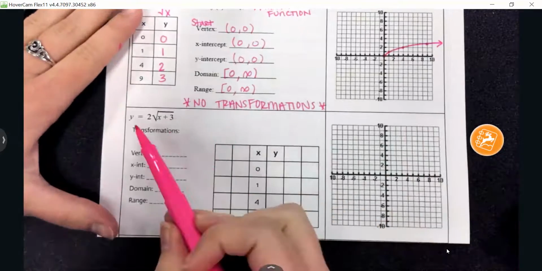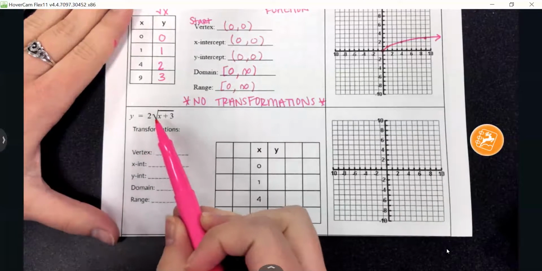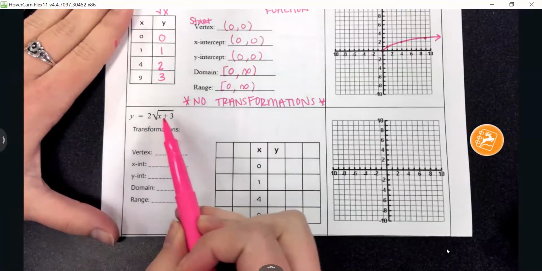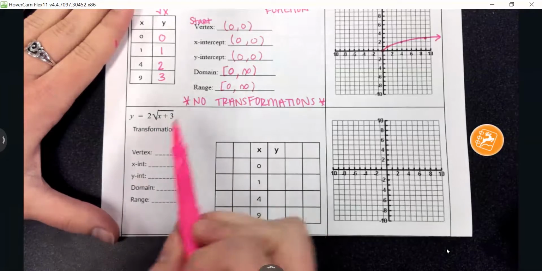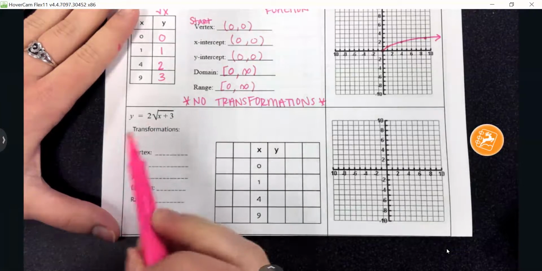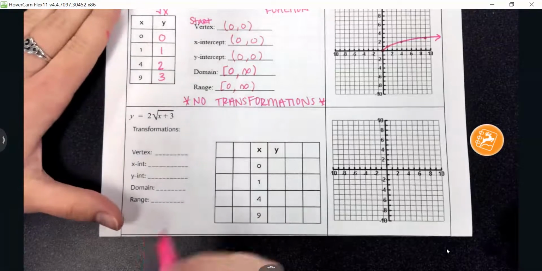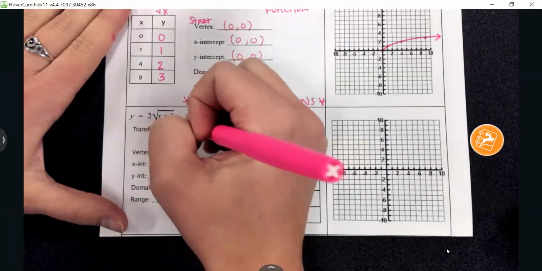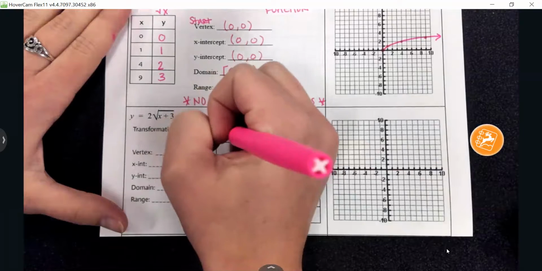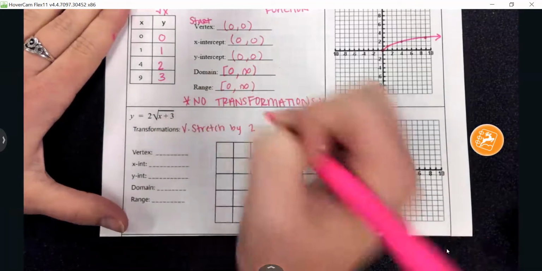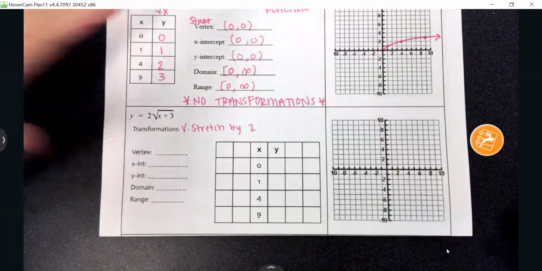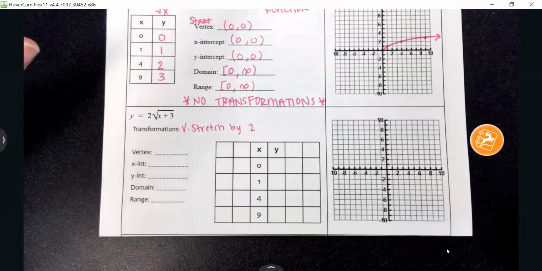So this problem says y equals 2 times the square root of x plus 3. First thing we need to do is write our transformations. What does a 2 in the very front mean? A vertical stretch by 2. Write that down. Is that plus 3 on the inside or the outside?